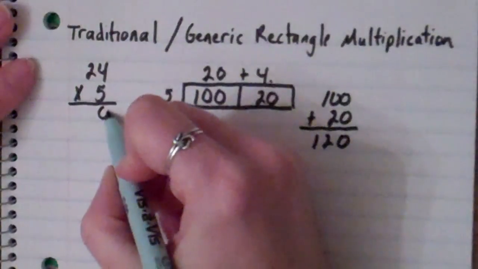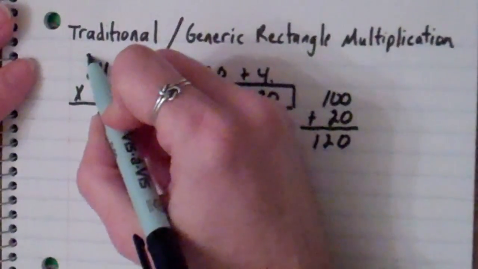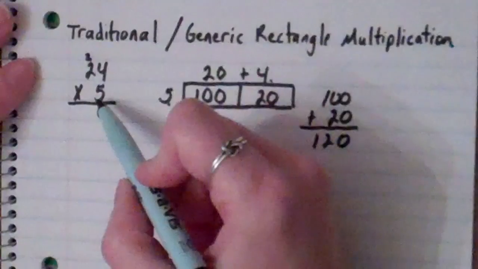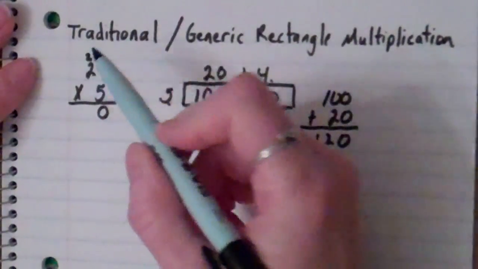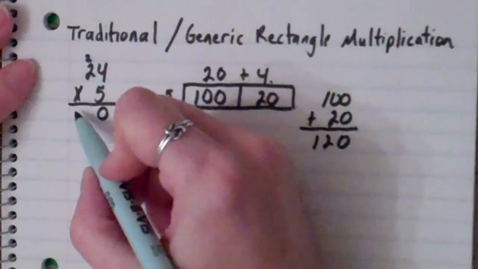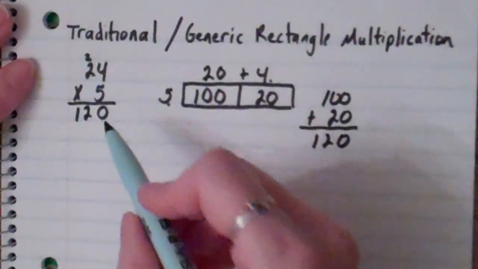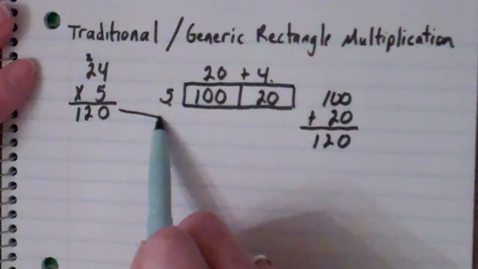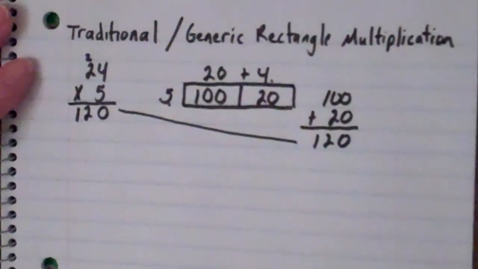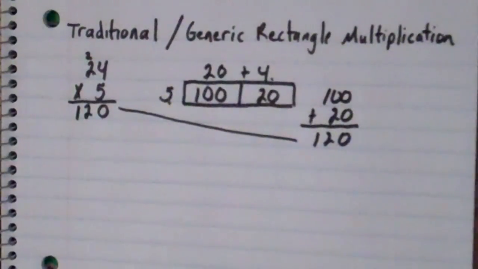I put down the 0, regroup the 2 into the tens place, and then I need to do 5 times 2 is 10, plus the 2 I regrouped is 12. So my answer is 120, and it matches 120. I know I did a good check, and I got a correct answer.